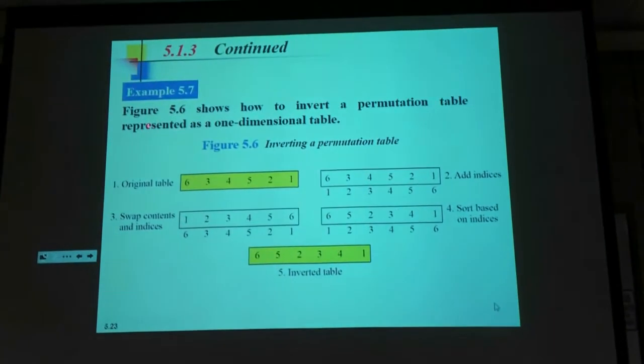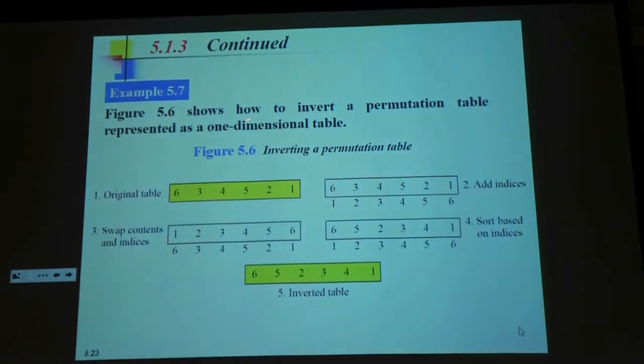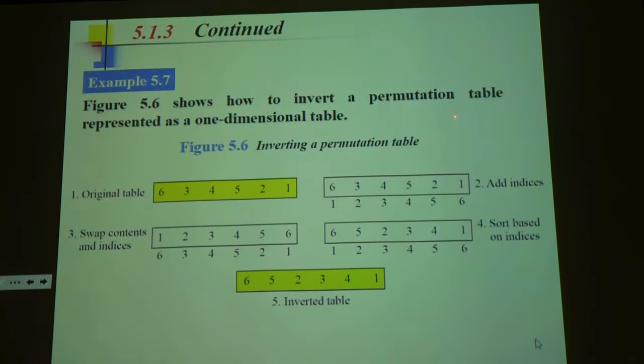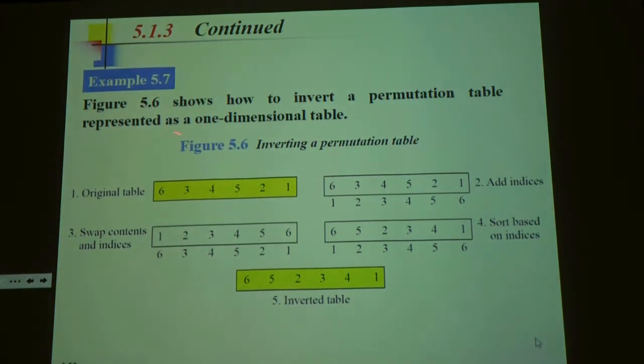So maybe we have examples. Let's take a look in here. Figure 5.6 shows how to invert a permutation table represented as a one-dimensional table. This is the original table, okay? 6, 3, 4, 5, 2, 1. That's the rule. Then you add the indices to it: 1, 2, 3, 4, 5, 6.